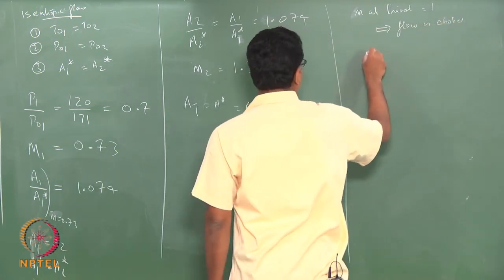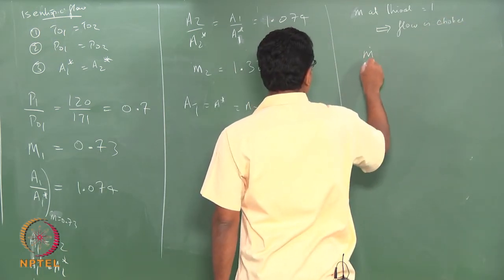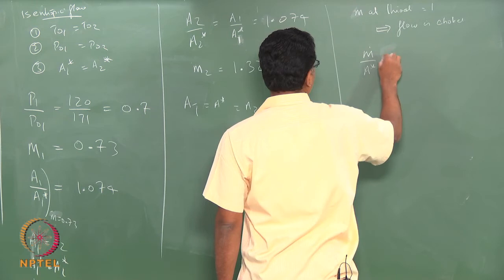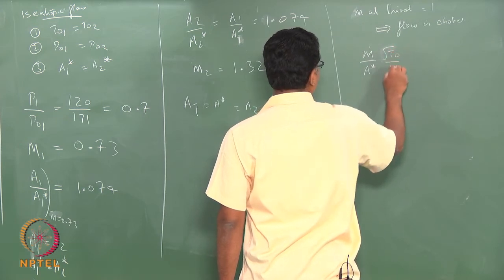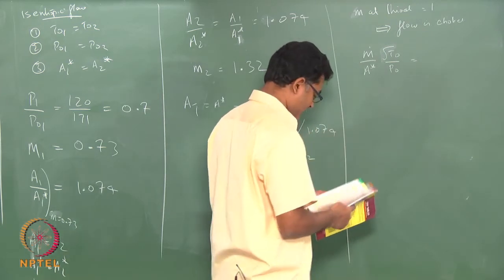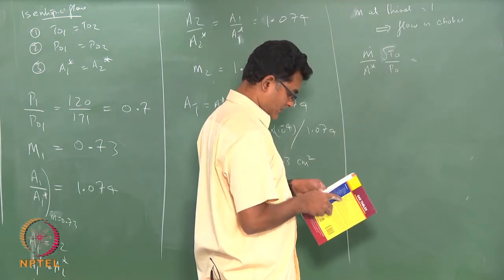If it is choked, the maximum flow rate, A by A star into root of T0 by P0, is a constant, which again is given in the gas tables.